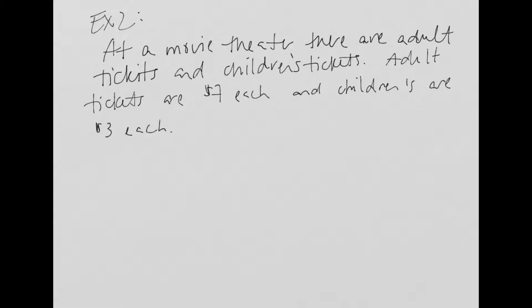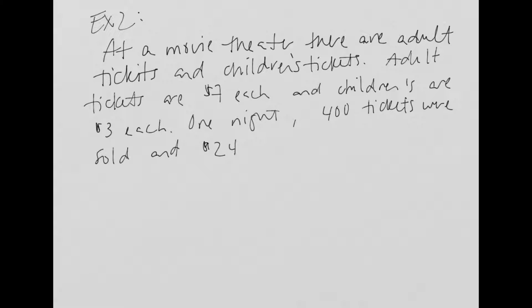Okay, so I have a movie theater, we have adult tickets, we have children's tickets. Adults are $7 each, children's are $3 each. Okay, so one night, let's say that 400 tickets were sold, and $2,400 was made.